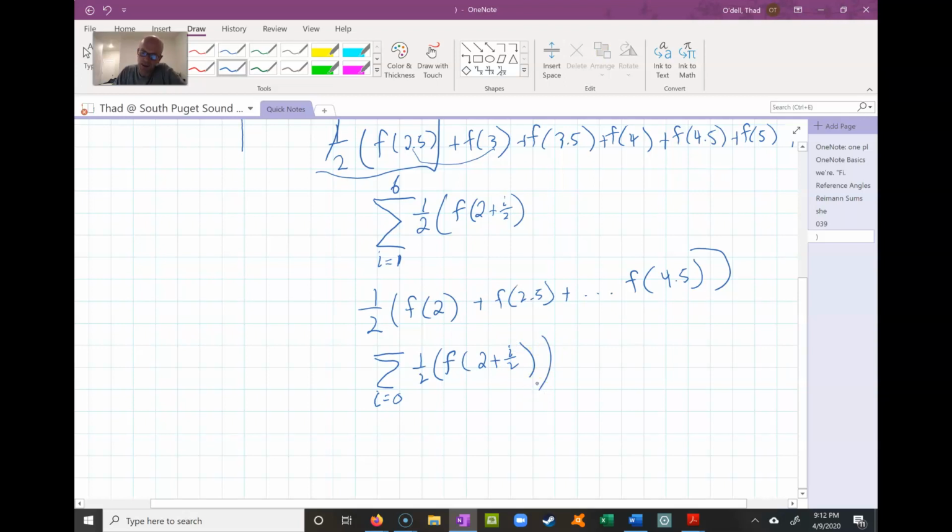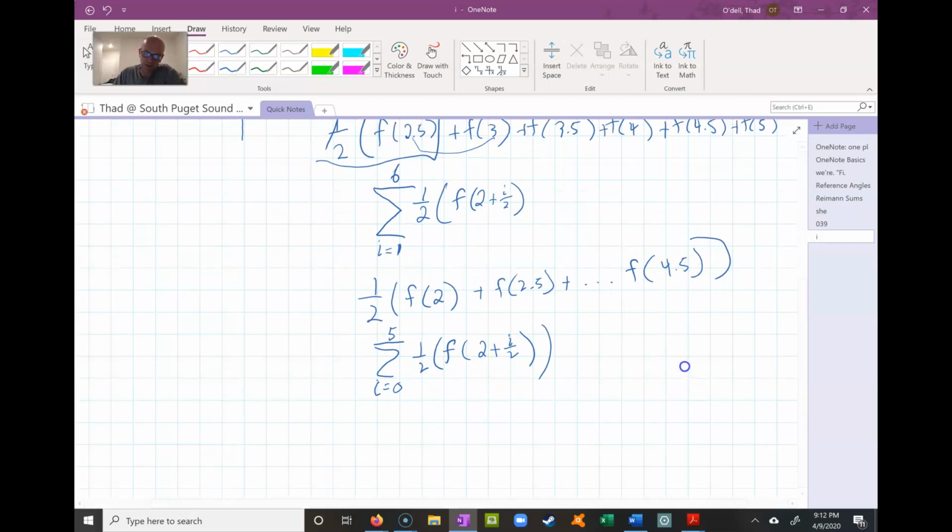But then the last number I plug in, instead of being 6, would be 5. So notice if I plug 0 in there, I get f of 2. If I plug 5 in there, I get 2 plus 2.5, which would be 4.5. So this gets me through all of them.